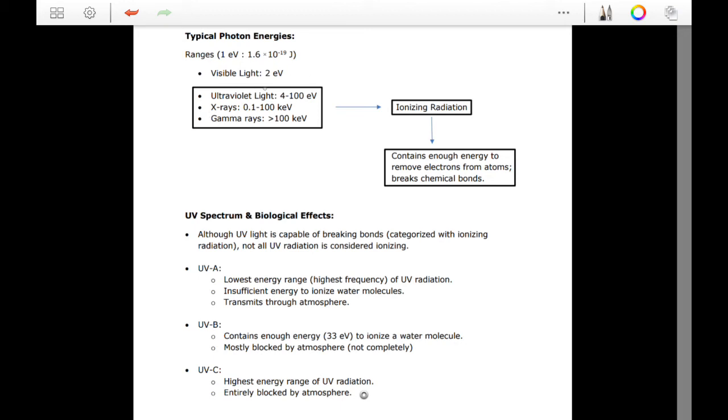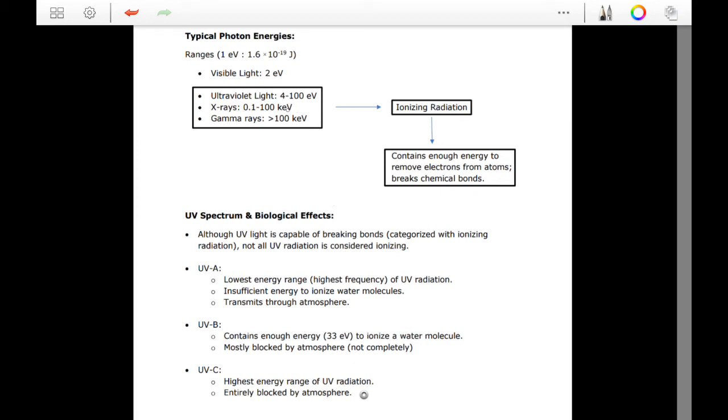But these three types of electromagnetic radiations can actually be considered ionizing radiation because they have the ability to remove electrons from atoms and break chemical bonds, specifically in water. And they use water to sort of gauge whether or not a type of radiation can break apart those bonds.